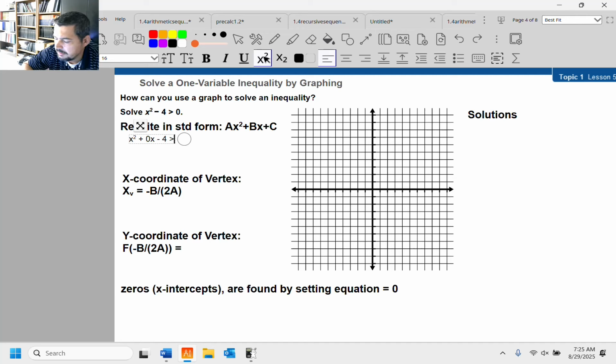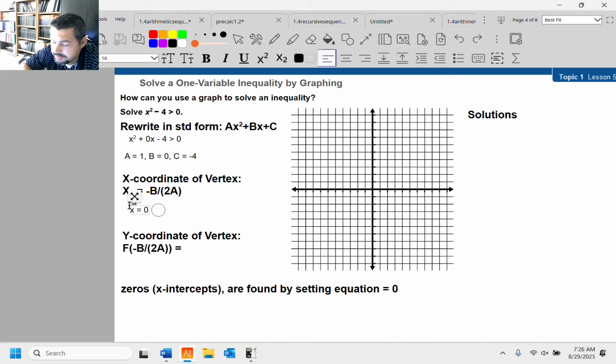All right. Now, we're going to find the x-coordinate of the vertex using something old. It's called opposite b over 2a. By the way, a is 1, b is 0, and c is negative 4. So the x-coordinate of the vertex is at opposite b over 2a. So b is 0.